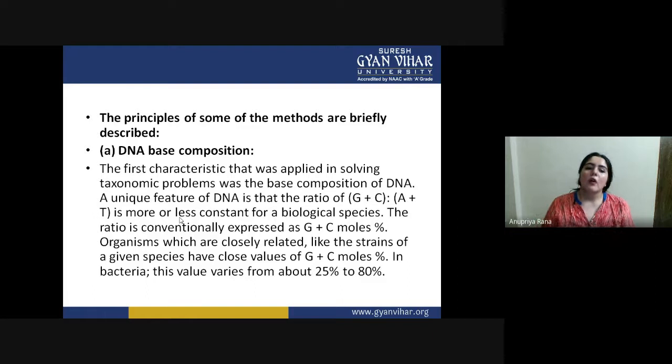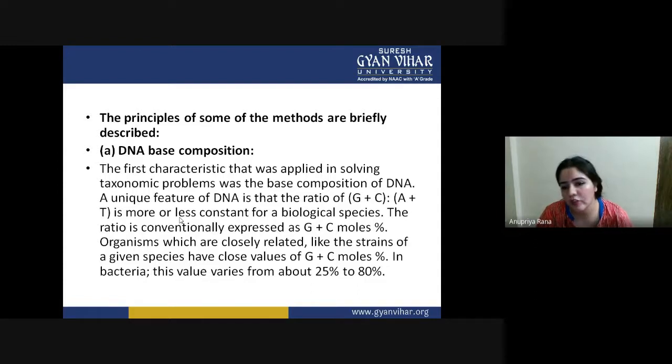Mostly the ratio of GC is more compared to AT in a biological species. On the basis of the ratio between GC and AT, we can analyze what kind of classification we can make.